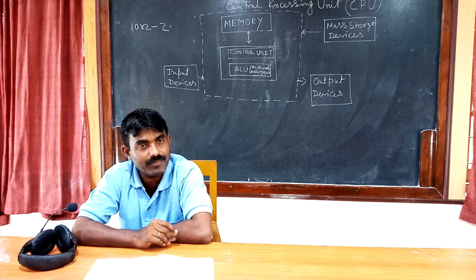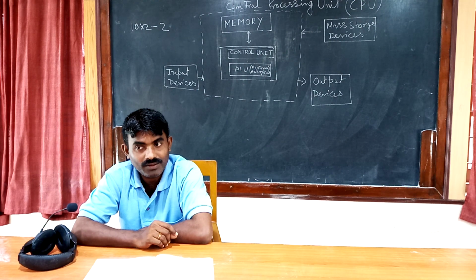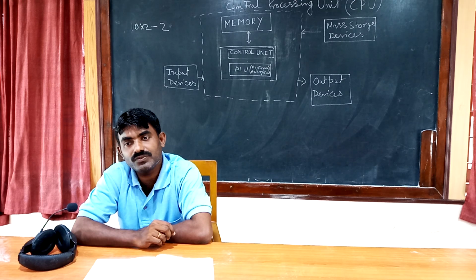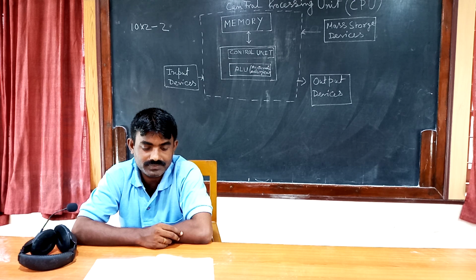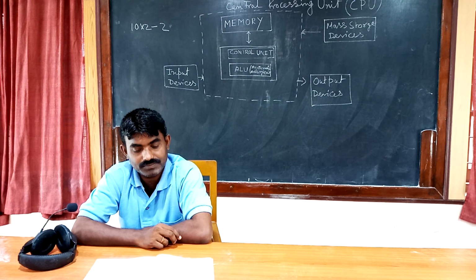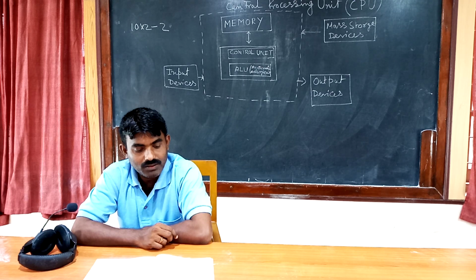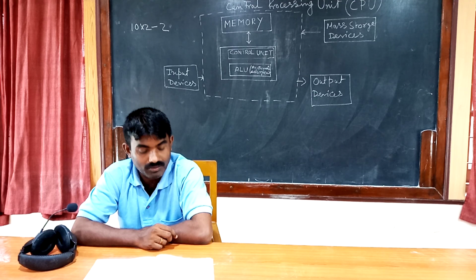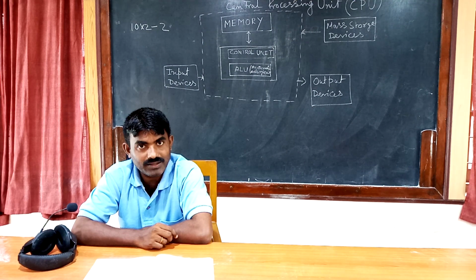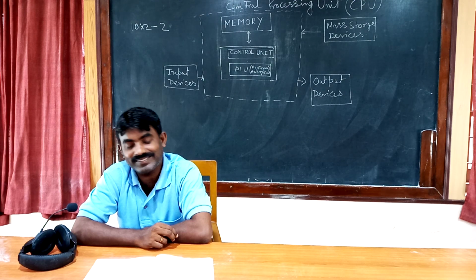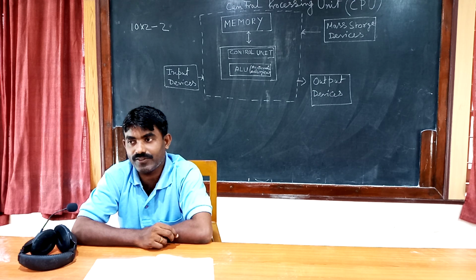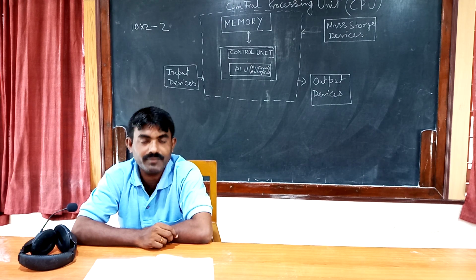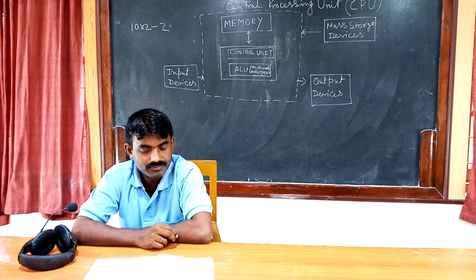Another is flash memory. So what is flash memory? This memory can be easily erased electrically. EEPROM is another example of flash memory because it is electrically erasable.